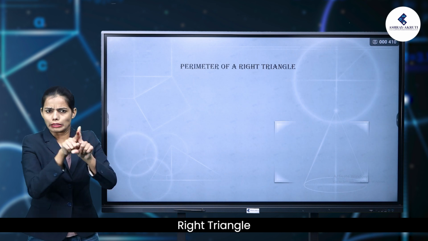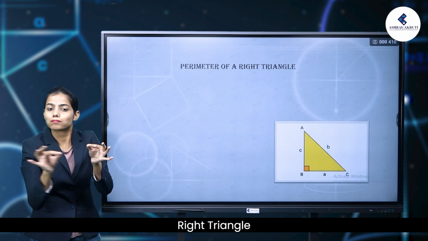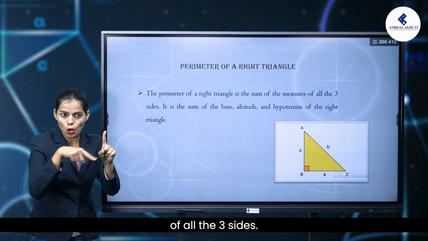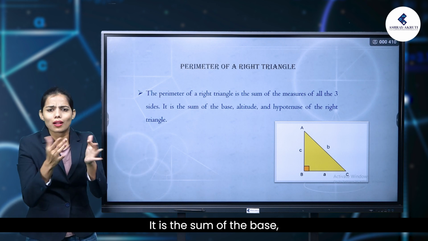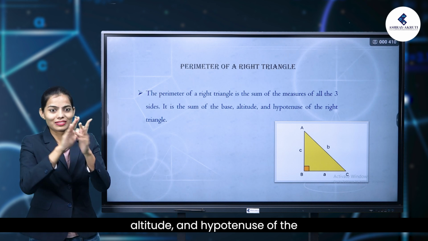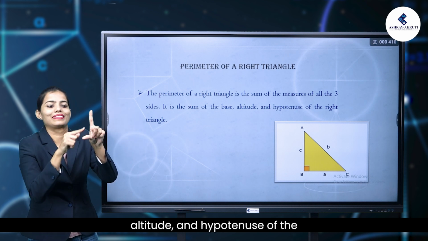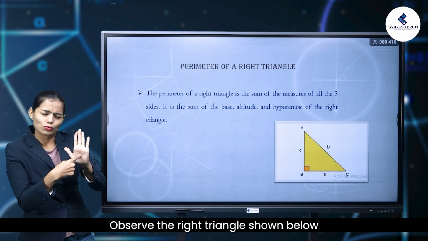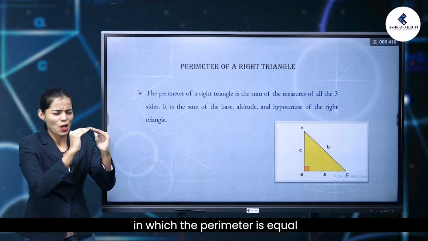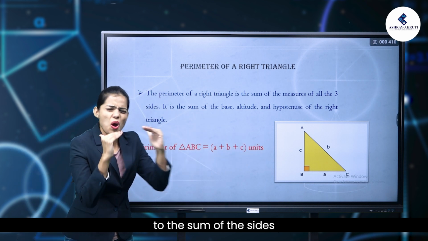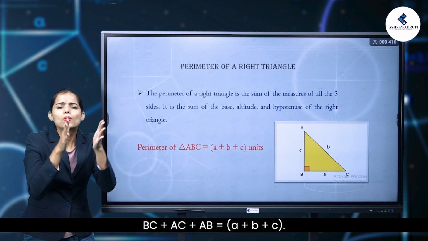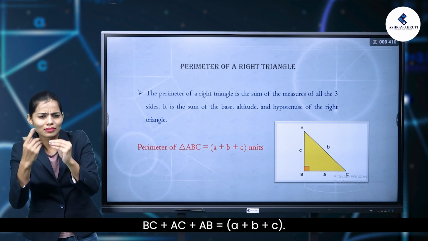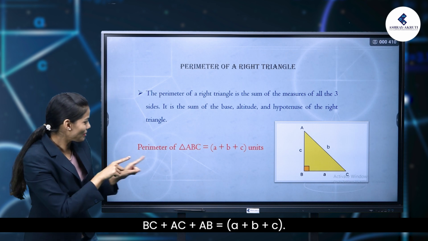Perimeter of a right triangle. The perimeter of a right triangle is the sum of the measures of all the three sides. It is the sum of the base, altitude, and hypotenuse of the right triangle. Observe the right triangle shown below, in which the perimeter is equal to the sum of the sides BC plus AC plus AB, which is equal to a plus b plus c units.